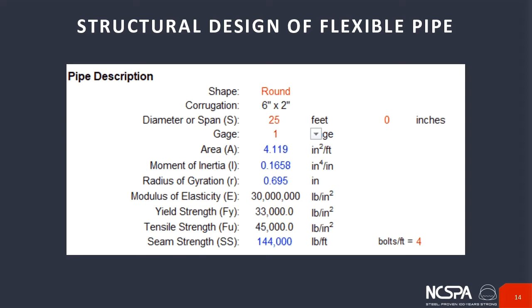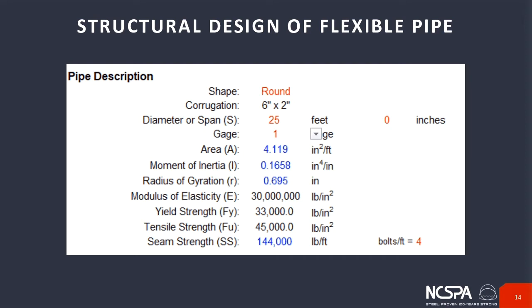And the wall properties that you can see below, and the mechanical properties, are all taken from the references that I provided earlier: the wall area that's available, the bending strength, the moment of inertia that wall profile can provide, the radius of gyration, and modulus of elasticity. Of course, this is a steel material, so it has a modulus of elasticity of about 30 million psi.